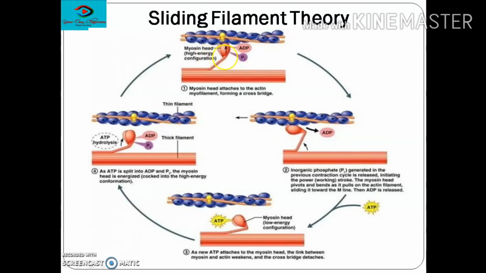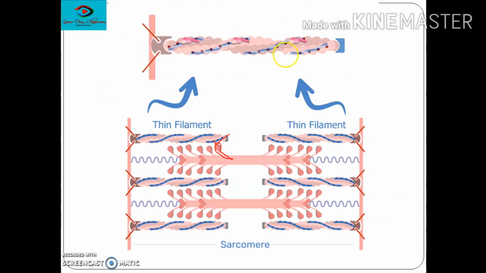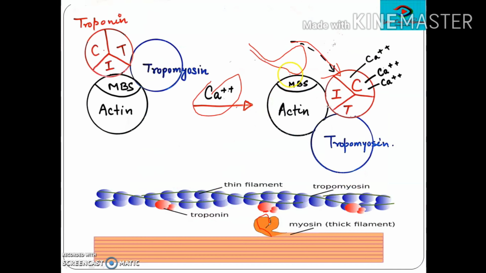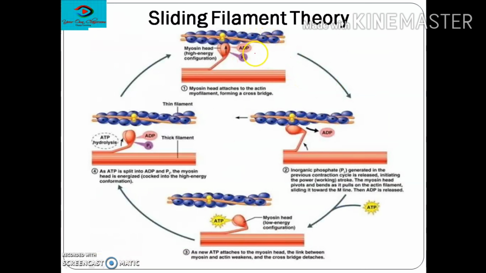As you can see here, as we have discussed, myosin has two sites. One is the actin binding site and another is the ATP binding site. The ATP binding site has ATPase activity, meaning it can break ATP into ADP plus inorganic phosphate.